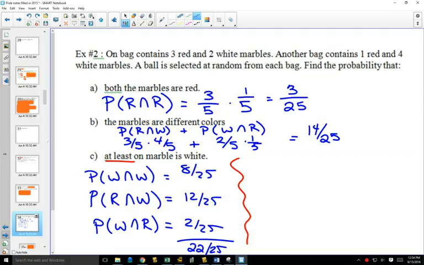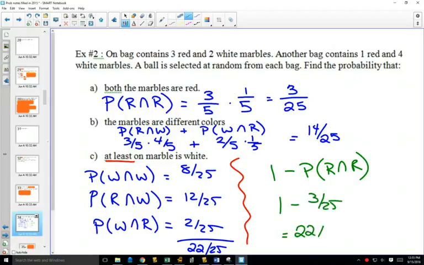So our complement says that if we take everything, 100%, 1, and we subtract the probability of the opposite, which is 2 reds, red and red, then we should get the same answer. And what is the probability of getting red and then red? It's 3 out of 25. And sure enough, we get exactly the same answer.